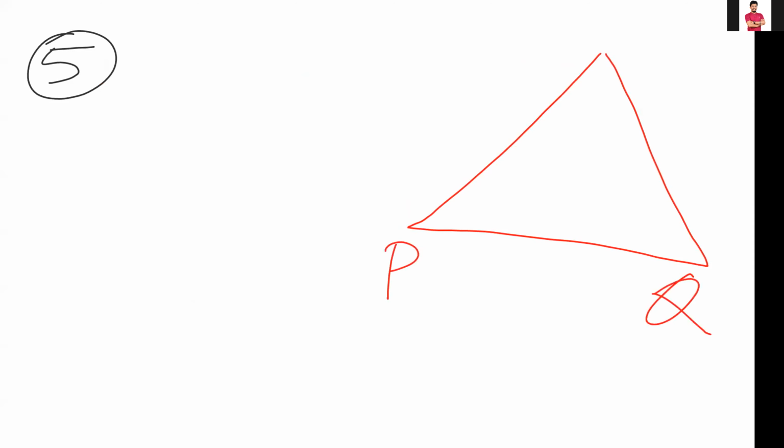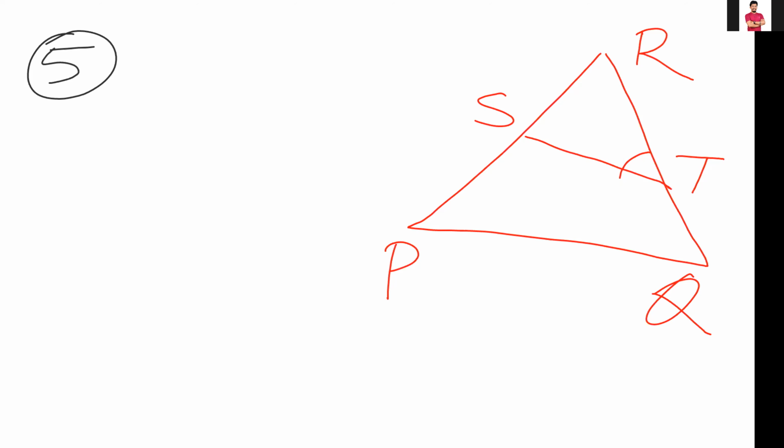P, Q. This is T, S, R. Sir, we can prove this triangle similar by AA test.